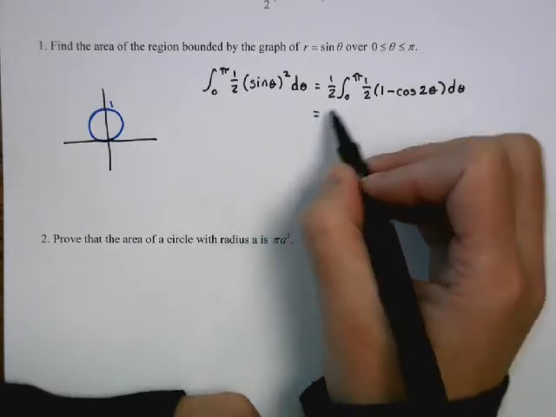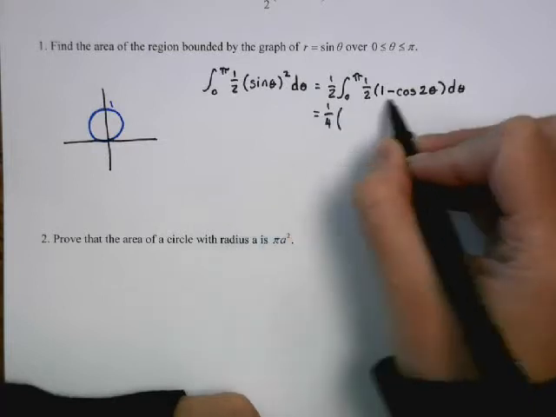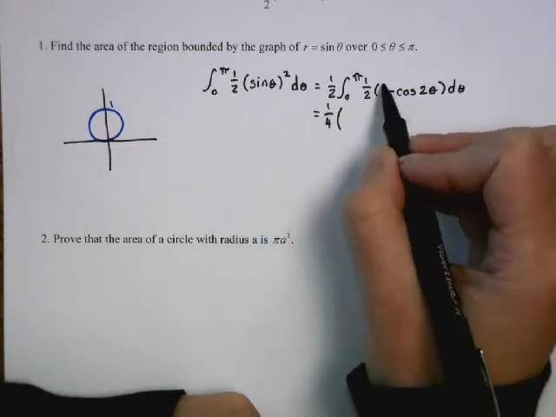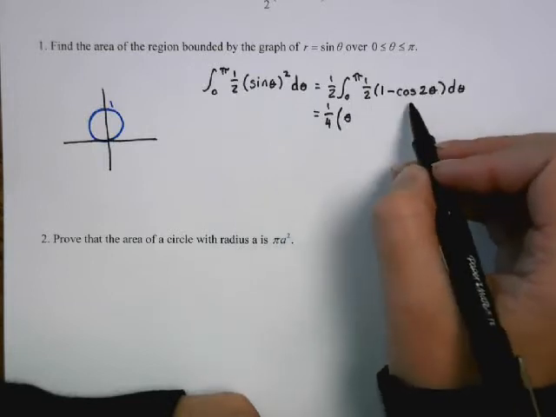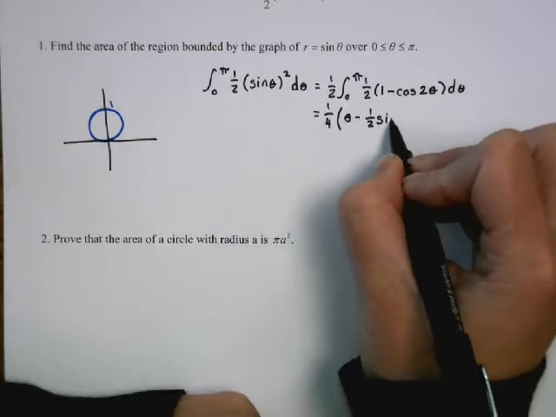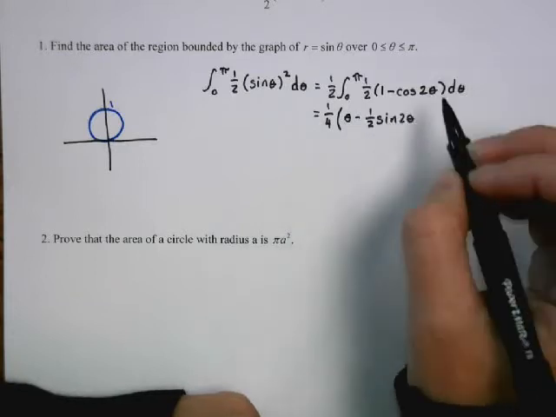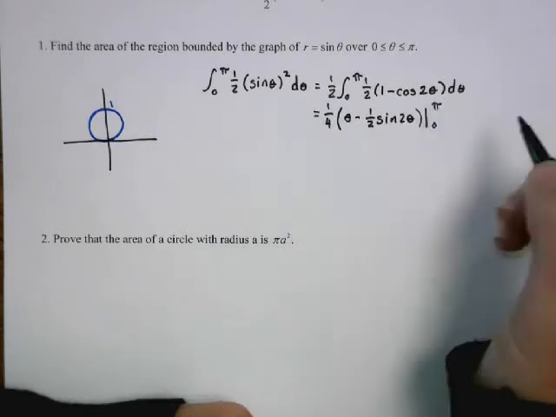Okay, so we'll integrate. I'll go ahead and put that with that. So 1/4. Then on the inside here, the integral of 1 is going to be theta. The integral of a negative cosine 2 theta is going to be a negative 1/2 sine 2 theta. We're going to evaluate this from 0 to pi.